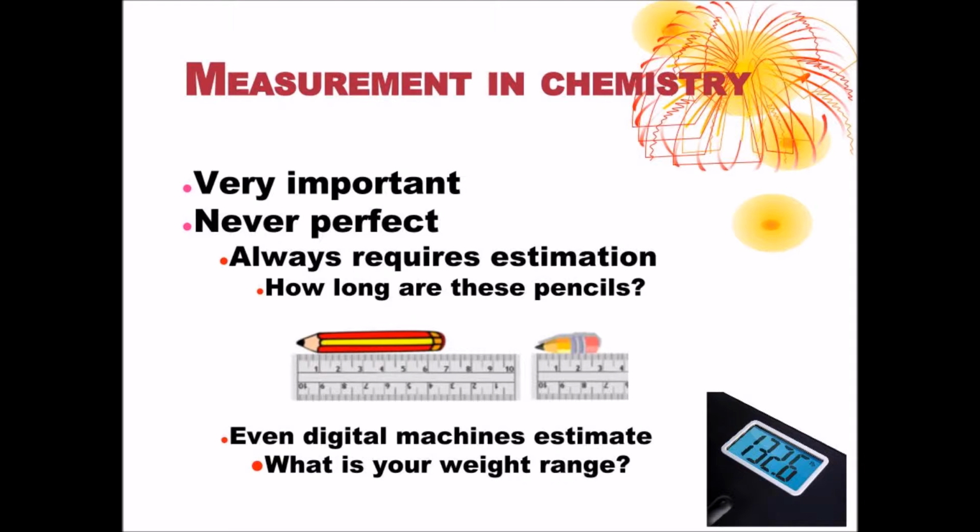Your scale automatically registers 0.6 if your weight is anywhere between 132.55 and 132.64. If your weight is 132.65, it is going to automatically bump the point up to 0.7 instead of 0.6.